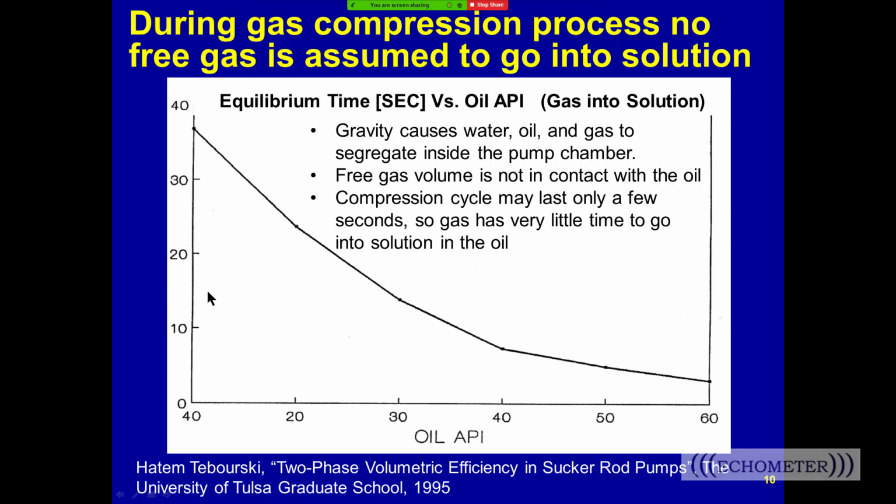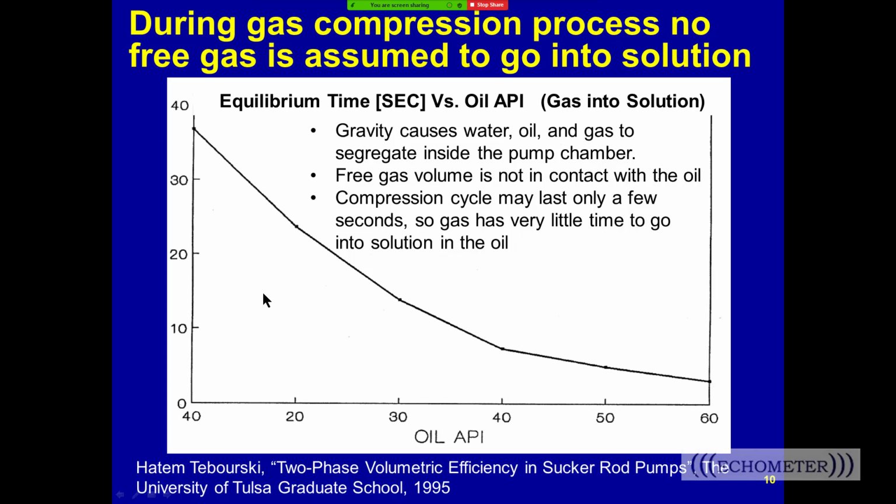So what's it telling us? It's telling us that if you have a 40 API gravity oil, it takes about 8 seconds for all the gas to go in solution if the oil and gas are in contact. And so at the discharge pressure, the oil and gas are in contact maybe for less than a second. So not very much gas, based on this curve, can go in solution.